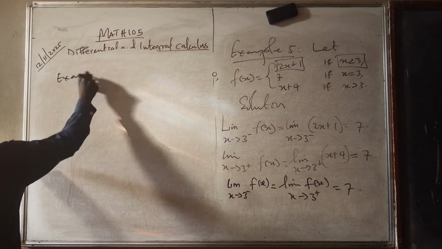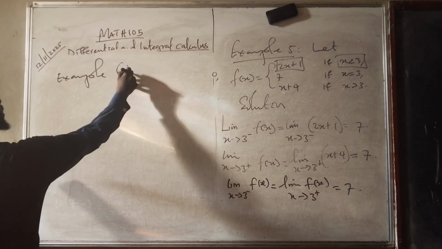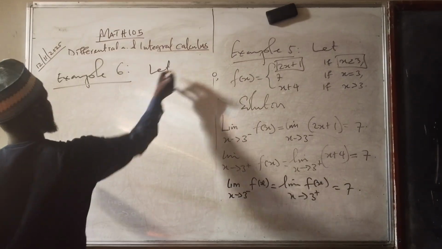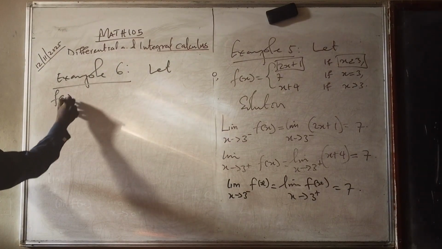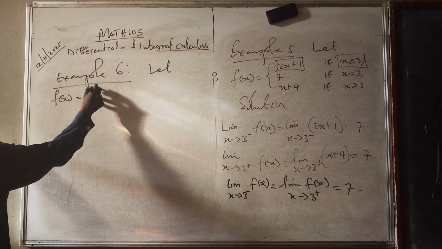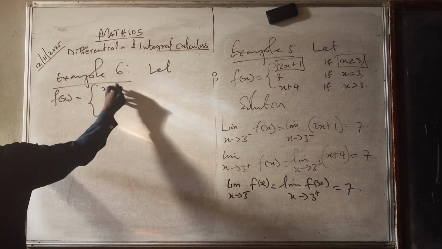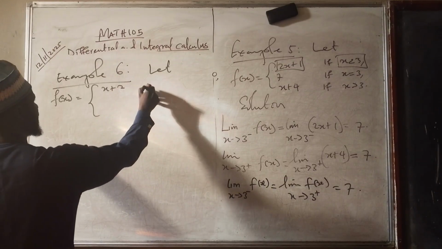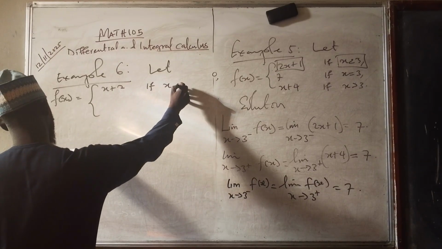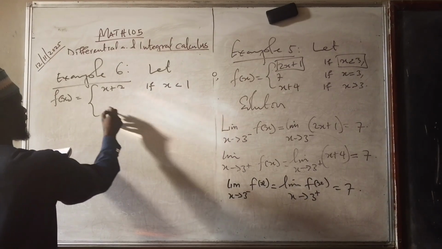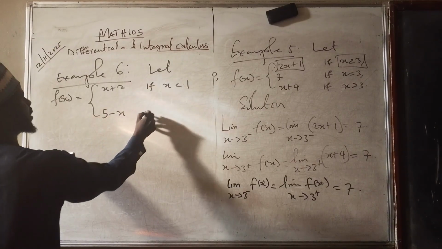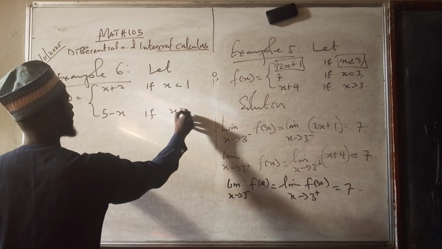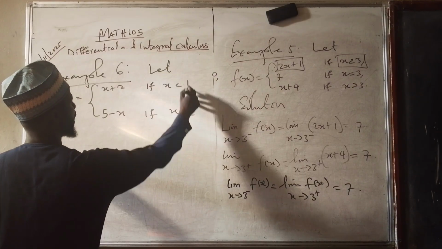Example 6 in this lecture. We let f of x be equal to the piecewise function x plus 2 if x is less than 1, and 5 minus x if x is greater than or equal to 1.